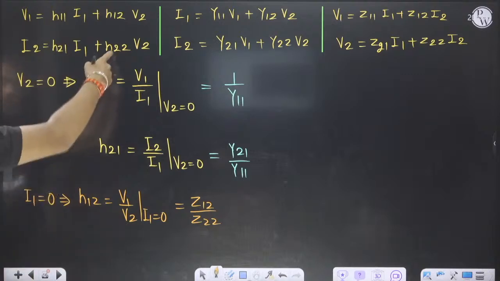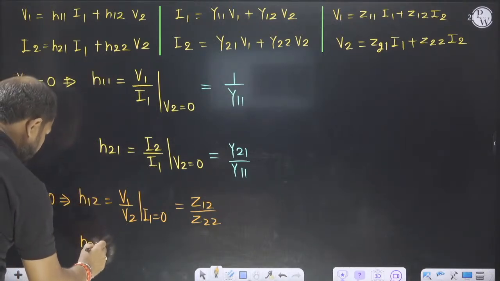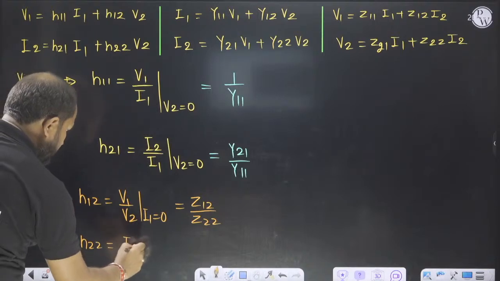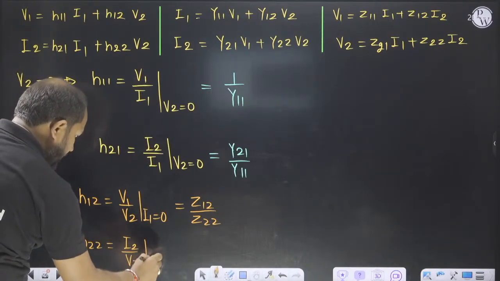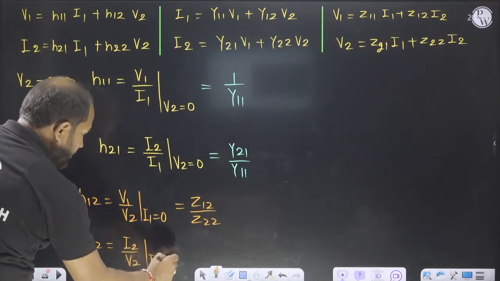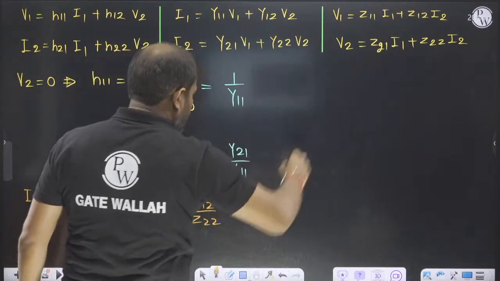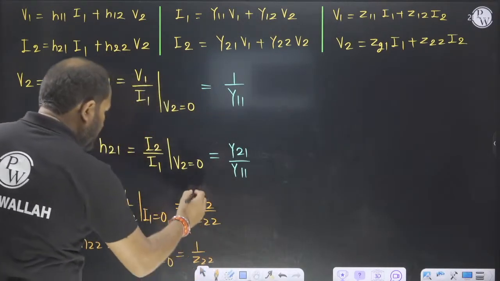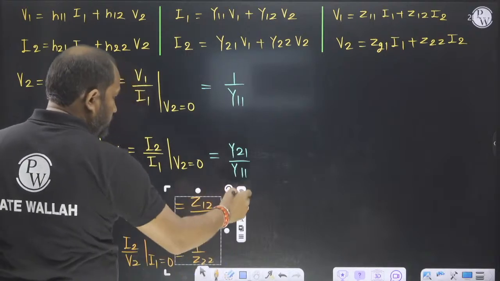the second case, H22. H22 is equal to I2 upon V2. V2 upon I2 is equal to Z22, so it is 1 by Z22.